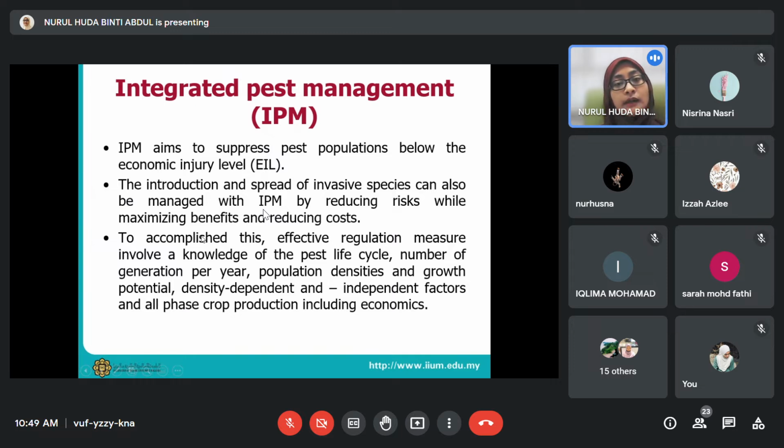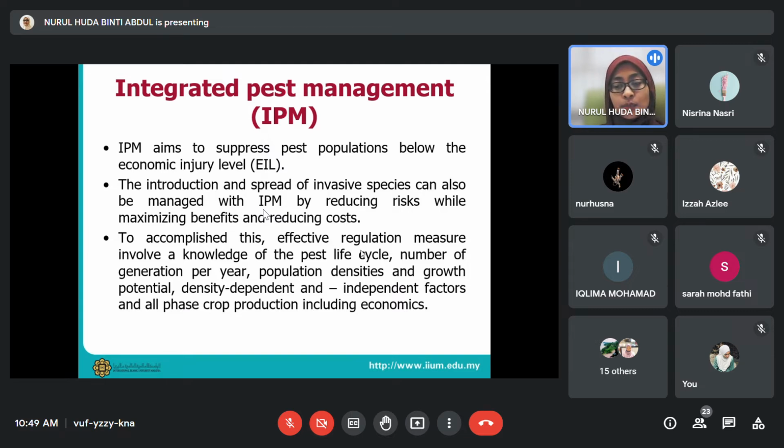Okay, so to accomplish this IPM, integrated pest management, so to come up with the good measure, you have to have a knowledge about the pest life cycle, number of generation per year, population density, growth potential, density dependent and independent factors, and also about the crop production, including economy.